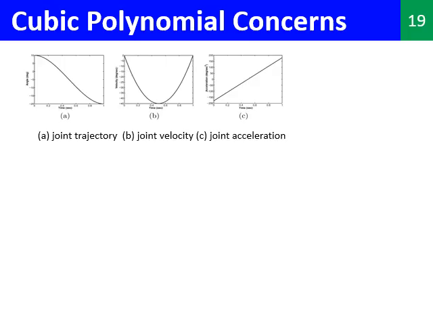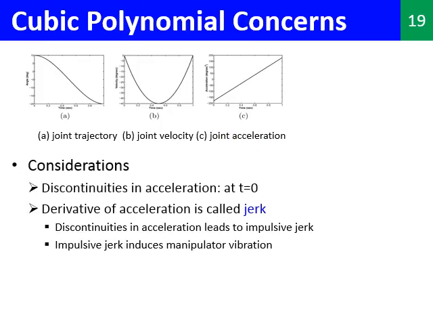If we look at these three curves, the joint trajectory and the joint velocity have smooth curves. But in the joint acceleration, you can see there is a discontinuity at t equals 0. The derivative of acceleration is called jerk, and what we have here is an impulsive jerk. The problem with that is it induces vibration in the manipulator.